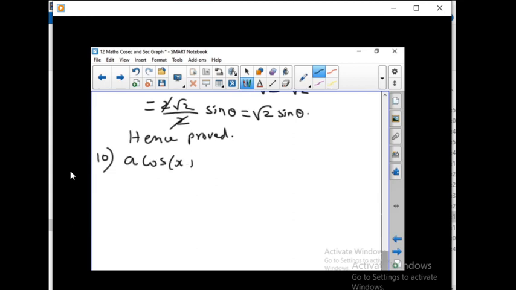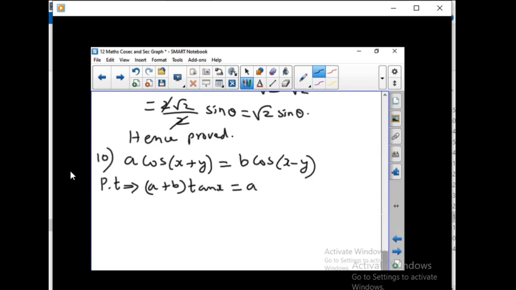A cos x plus y is equal to b cos x minus y. Show that, or we have to prove that a plus b into tan x is equal to a minus b into cot y.